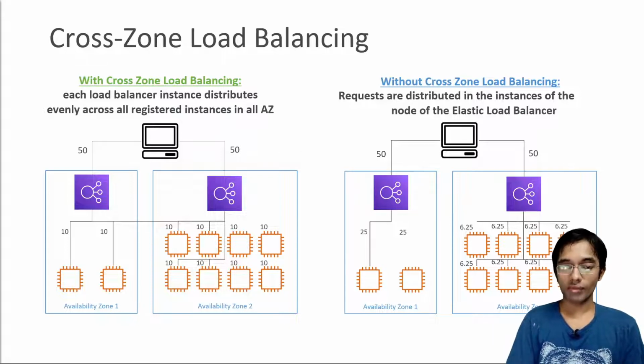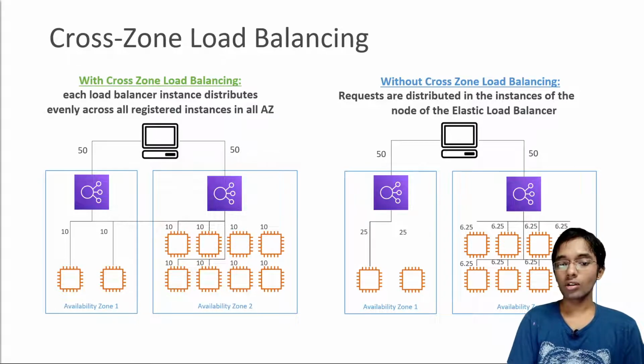But the first application ELB instance is going to send the traffic only to the EC2 instances in its availability zone. That means each EC2 instance in this availability zone is going to get 25% of the traffic overall, half and half.